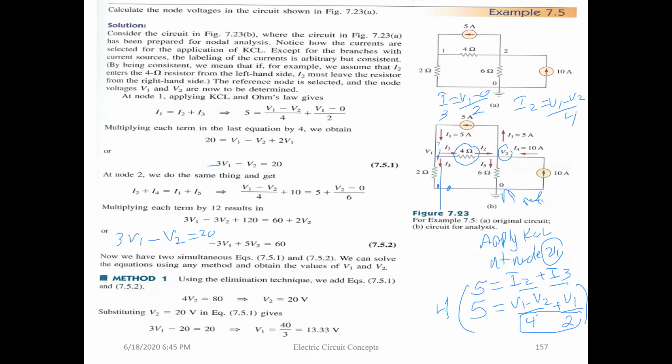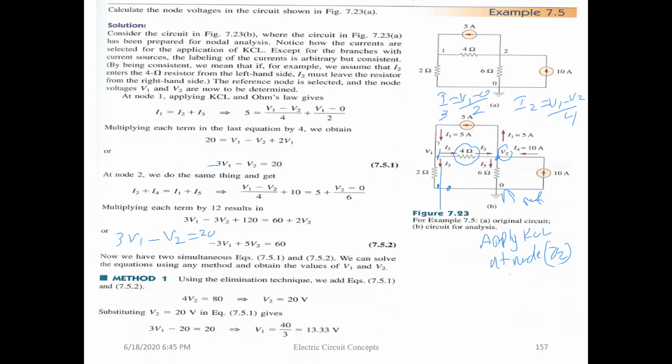Now we do the same thing. We need to apply KCL at node V2. So we apply KCL at node number 2. Coming to V2 here, we need to see what currents are entering the node.